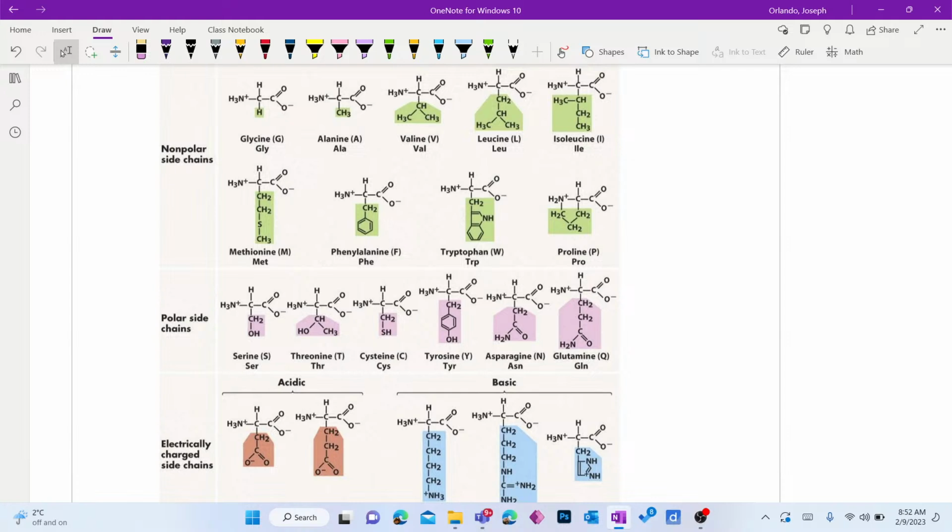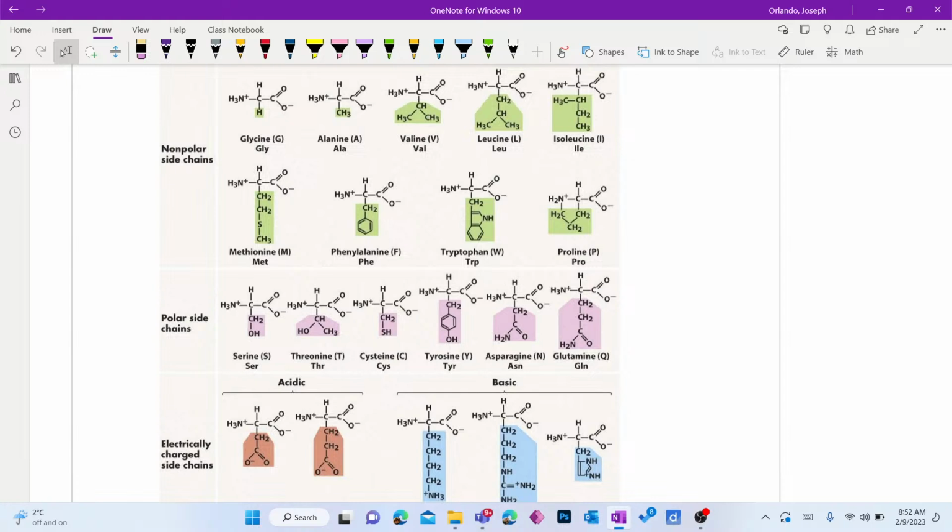So we're told that all these ones here, the side chain is nonpolar. No charges and no... What functional group would we expect to see in these side chains if they're going to be polar? What functional group makes things polar? Hydroxide groups, right? Hydroxyls. And do we have any in any of these side chains? So those are the nonpolar side chains.